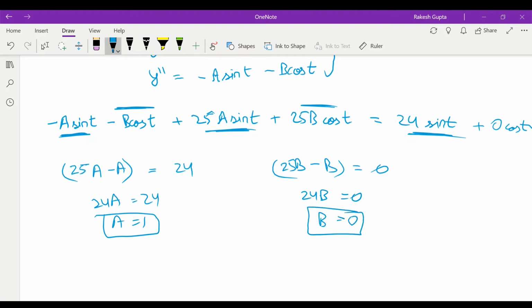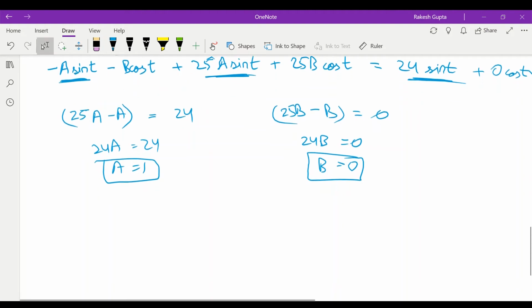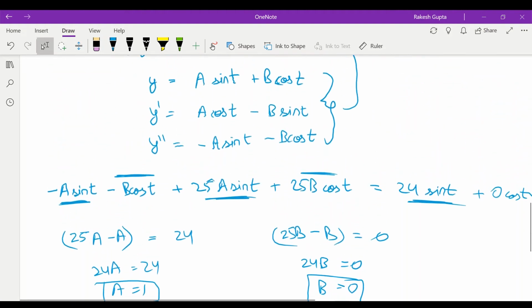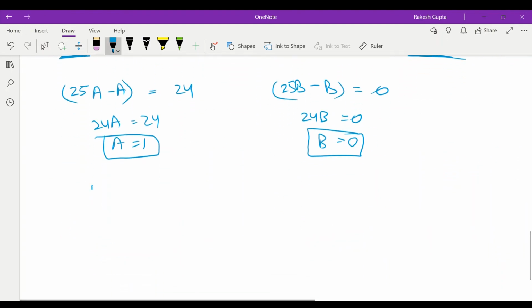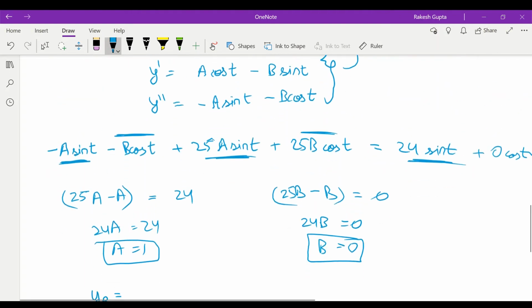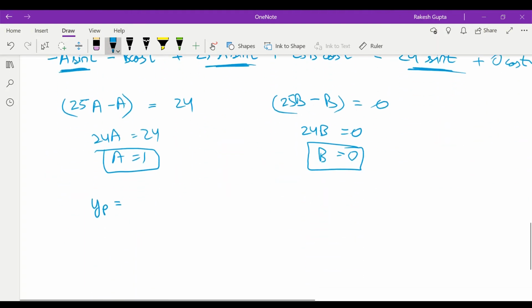Now we have found the values of a and b. We put this in the equation we assumed after applying the basic rule. So we get yp, the particular solution, as a sin t plus b cos t.